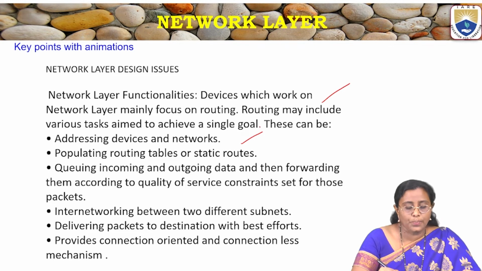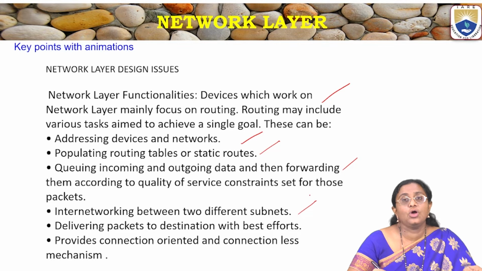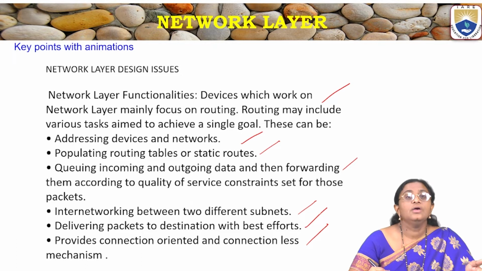The third one is populating routing tables or static routes, queuing incoming and outgoing data, and then forwarding, and internetworking between two different subnets, as I already explained in the first functionalities of the network layer, and delivering the packets effectively from one node to another node, and providing connection-oriented as well as connectionless service while transmitting the data packets from one source to another destination.